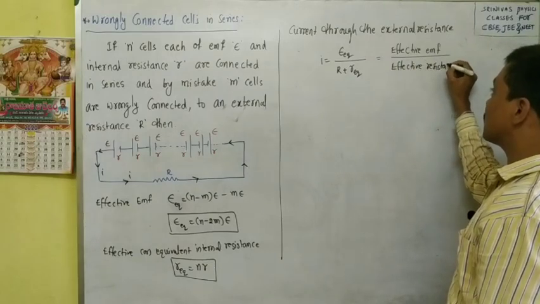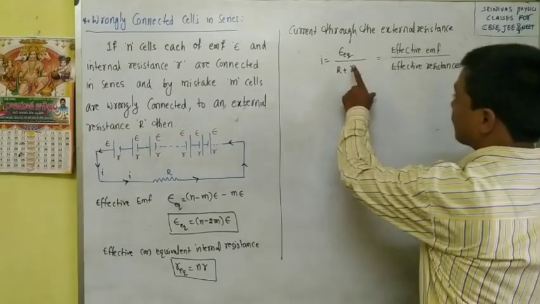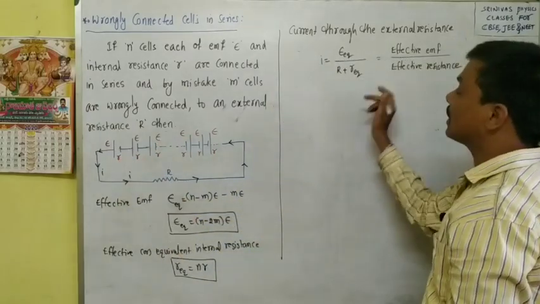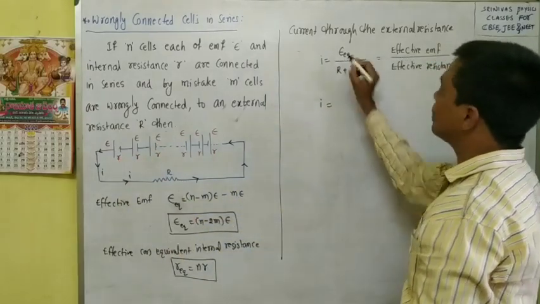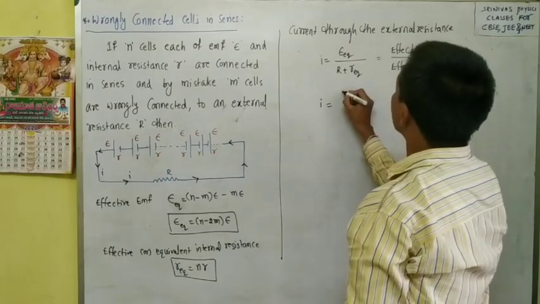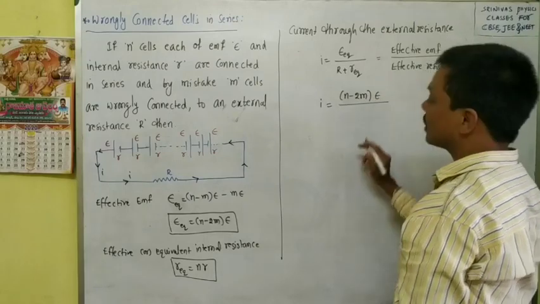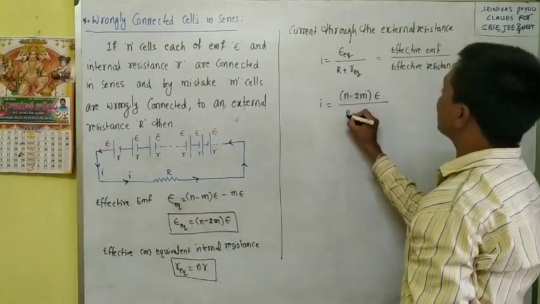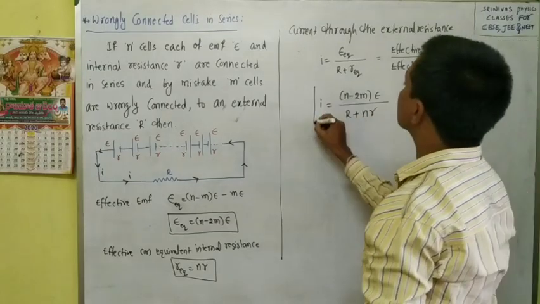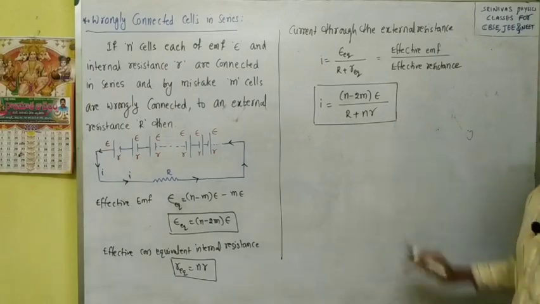The effective EMF in the circuit is E equivalent. The effective resistance is external capital R plus internal R equivalent. Then we write: the total EMF is (n minus 2m) into E, divided by the total resistance, external capital R and internal nr. This is the current formula.